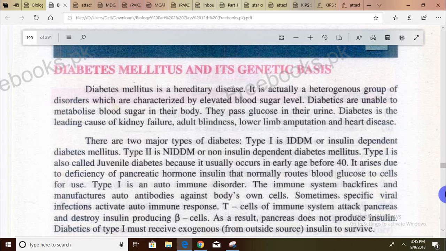And type 1 is actually maybe an autoimmune disorder. We also talked about this indirectly at A levels, right? So it's because there is this shortage of insulin, which is a pancreatic hormone, and type 1 may be considered an autoimmune disease. Maybe it's not actually, all of this is not really certain.